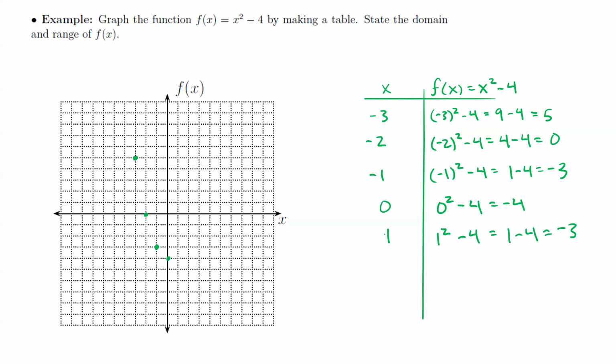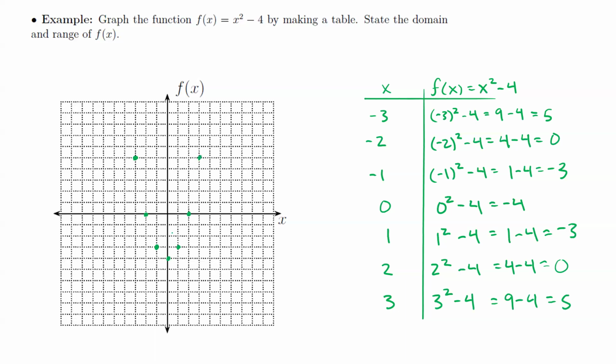So now at x equals 1, we're back to negative 3 again. And at 2, we're back to 0 again. So it looks like we have the same kind of rebounding effect that we had with absolute value equations or absolute value functions. So then we're at 3, 5.